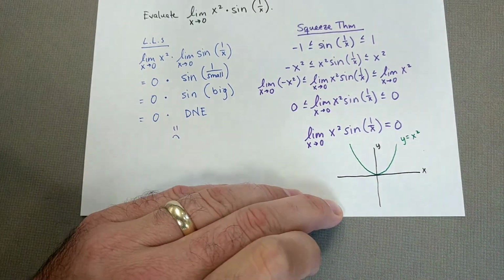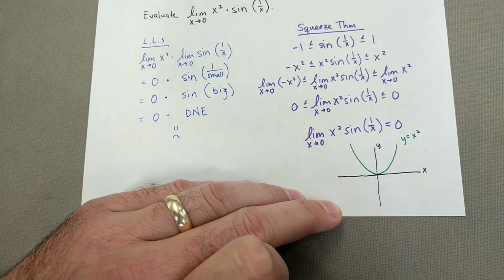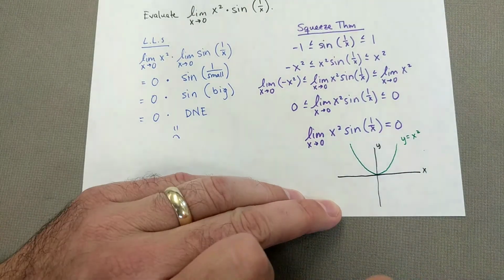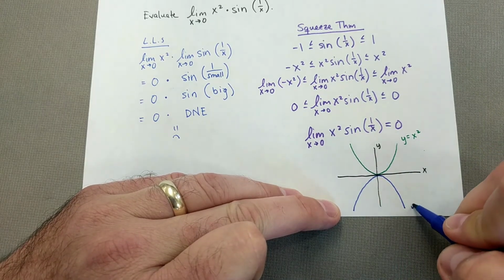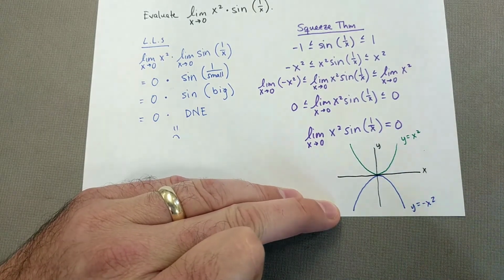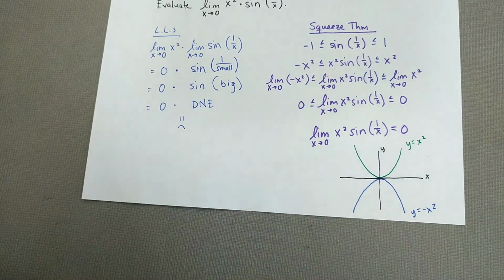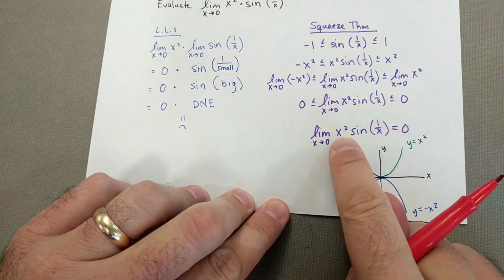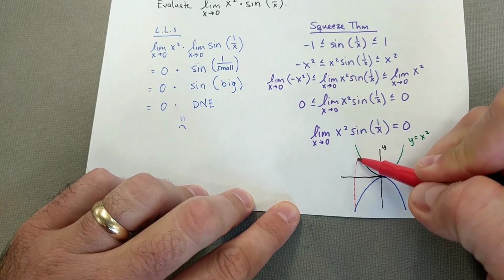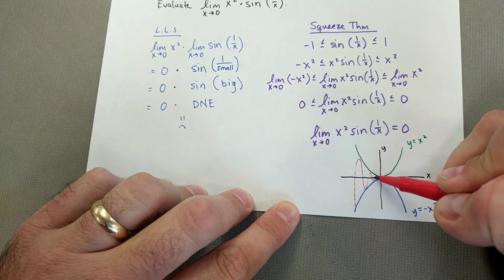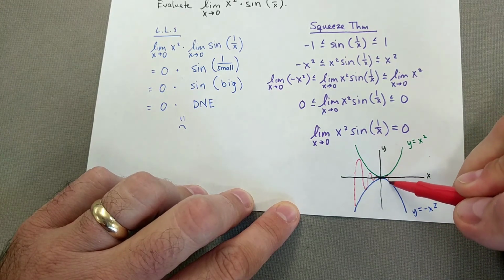And then you have, oh, wrong color, y equals negative x squared down below, like so. And then in between, if you actually graph y equals x squared times sine of 1 over x, it does this thing. It goes like this, bounces back and forth, back and forth, like so.